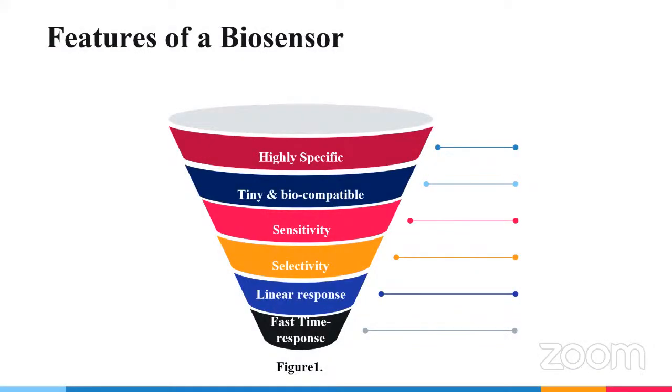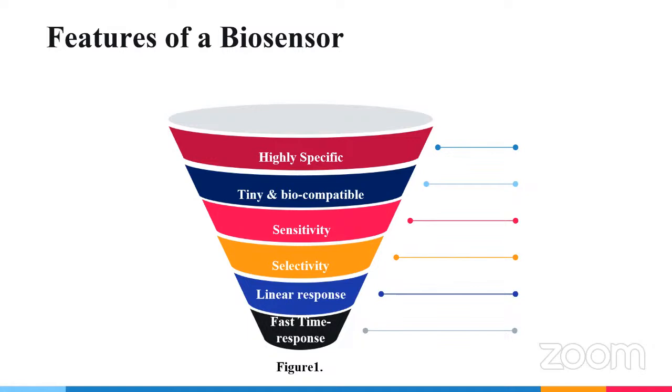So basically, every biosensor we work on has some specific features. First, a biosensor should be highly specific. It means it should be able to respond to a particular analyte in a group of analytes. Second, it should be biocompatible. Biocompatible means it should prevent adverse reactions with the sample, and moreover, it should not damage the sample that we want to work with. Third is sensitivity. A biosensor should be highly sensitive.